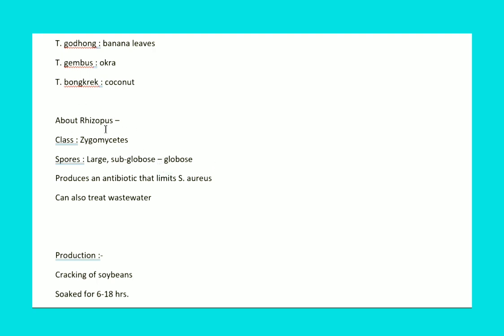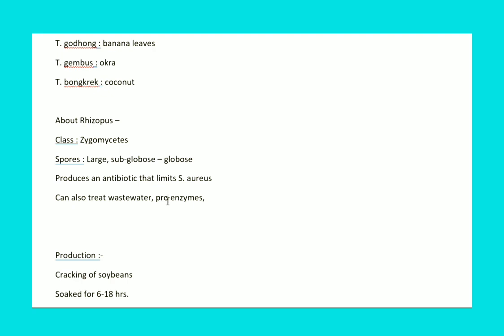There are various special features of Rhizopus that you must be aware of. It also produces an antibiotic that limits the growth of Staphylococcus aureus. It can also treat waste and wastewater, and it produces various industrial enzymes like asparaginase and others. It also ferments legumes and cereals as well.